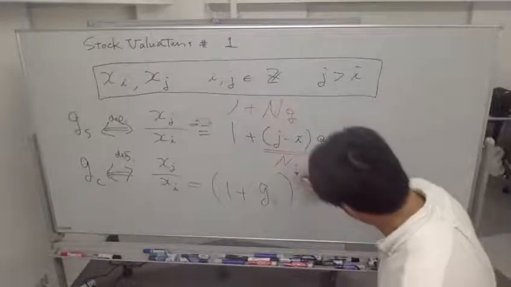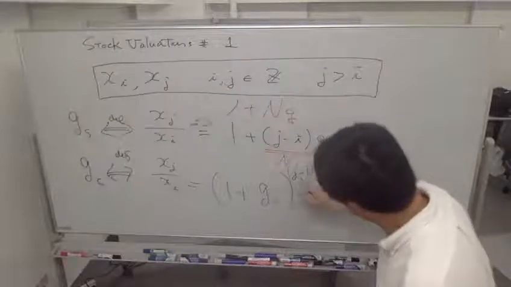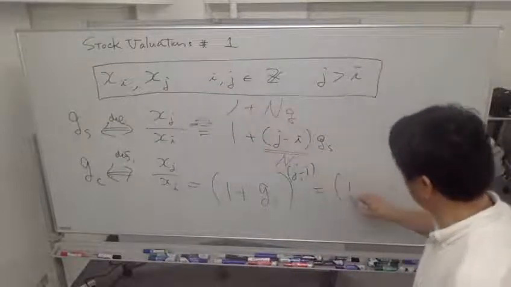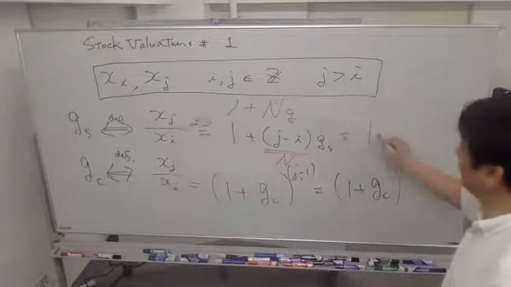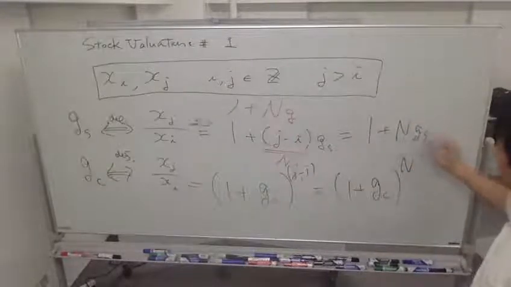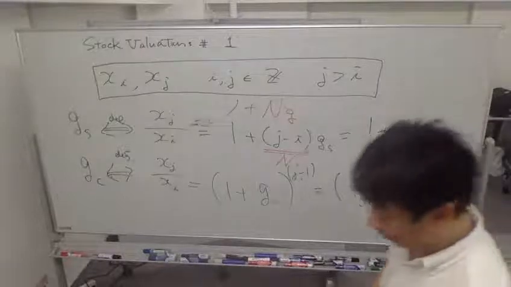And of course, n is j minus i. So it's this, very different.